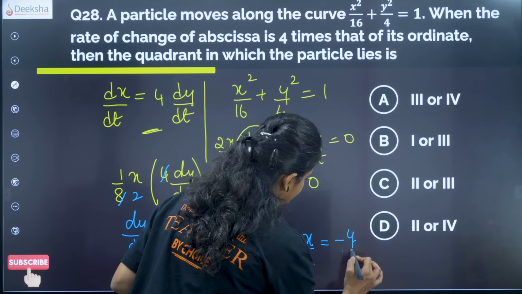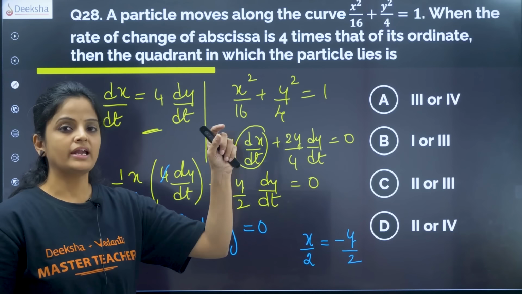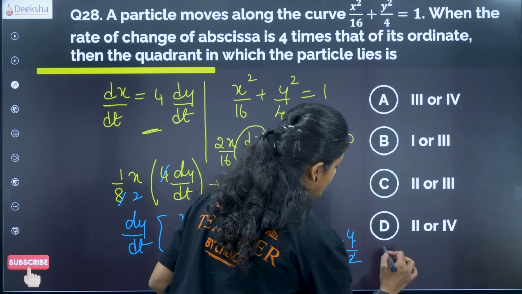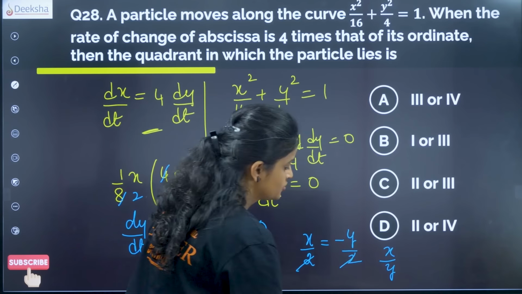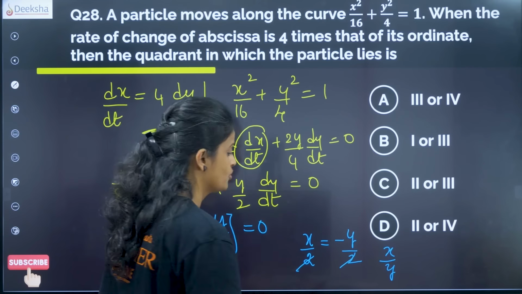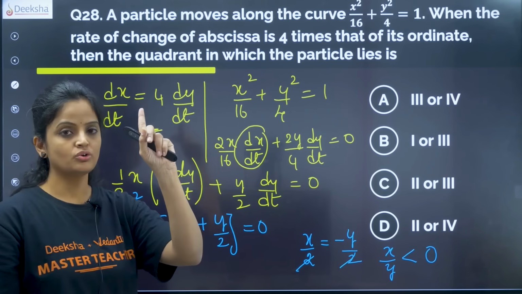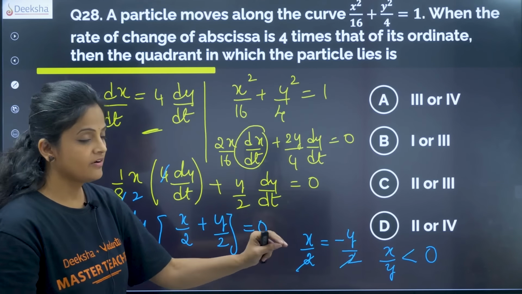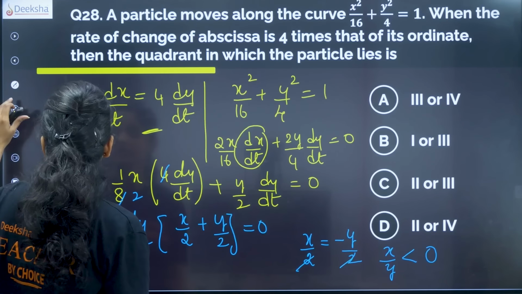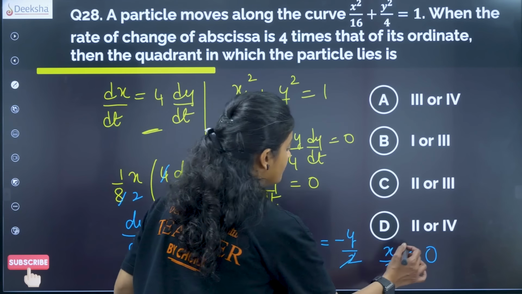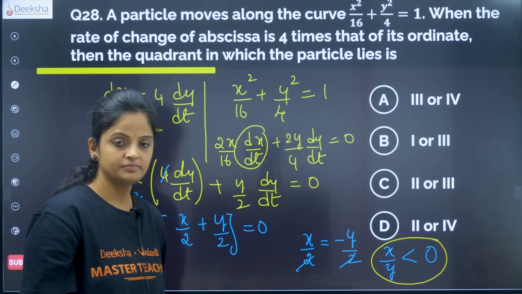I have x by 2 is equal to minus y by 2. Now on solving this, I have x by y. As I told, it is only about the signs, positive and negative signs that we need to look at. x by y is equal to minus 1. x by y is coming negative. Okay, x by y negative, what does it mean? When will I get this as negative?